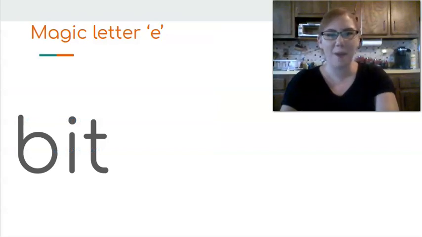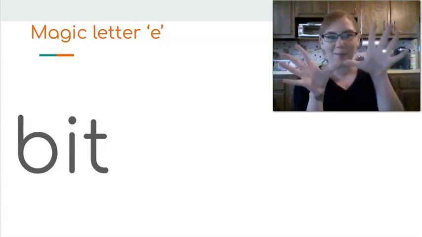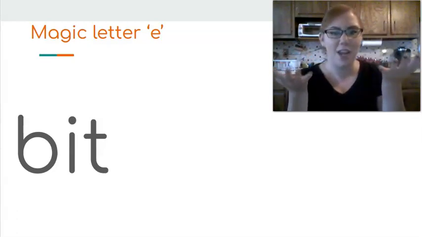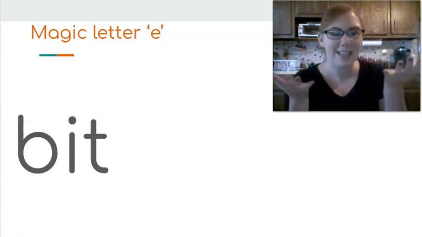We're going to start off by practicing with some of those magic letter E's. When I give you a word, say it with the short I, just like this word, bit. But then when I say Alakazam, it's going to change into a word with an E at the end.